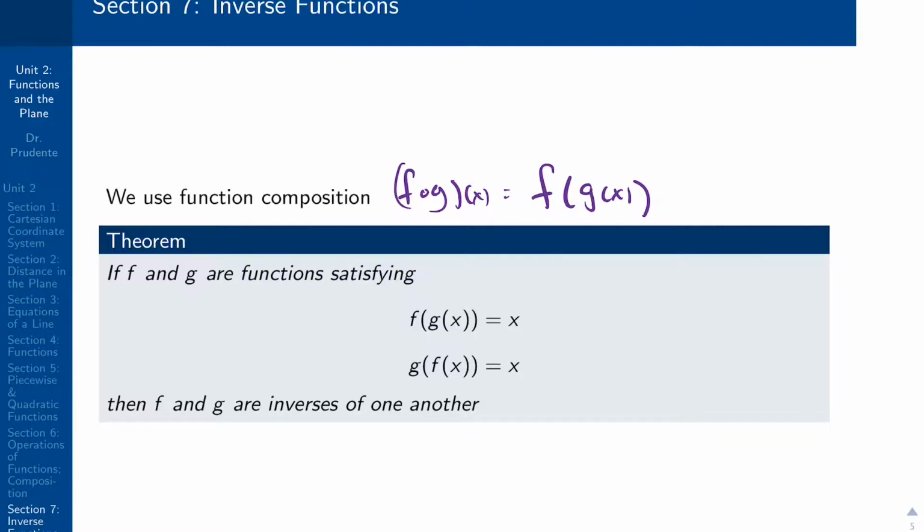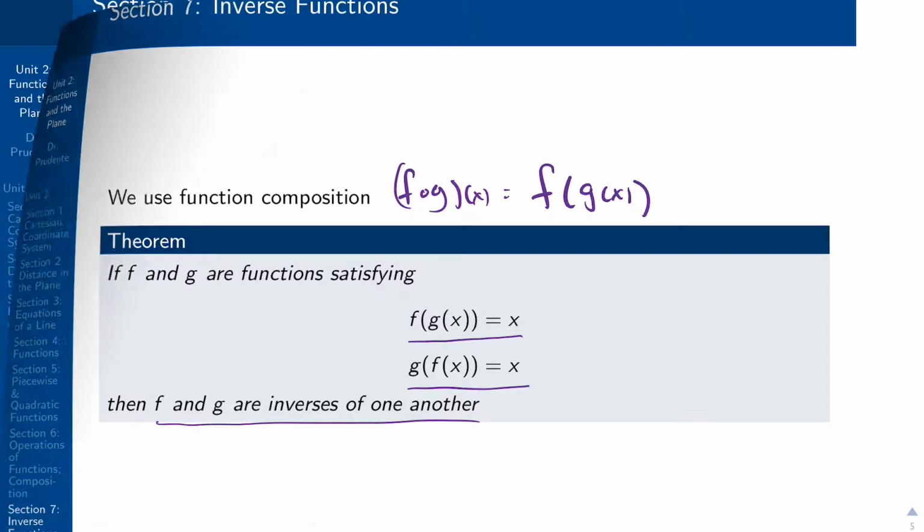If f and g are functions that satisfy this function composition relationship, if f composed with g of x is just equal to x, and if g composed with f of x is just equal to x, then we can definitively say that f and g will be inverses of each other.